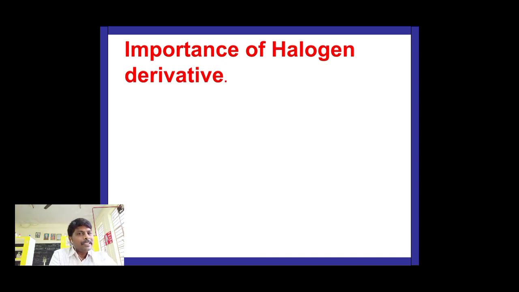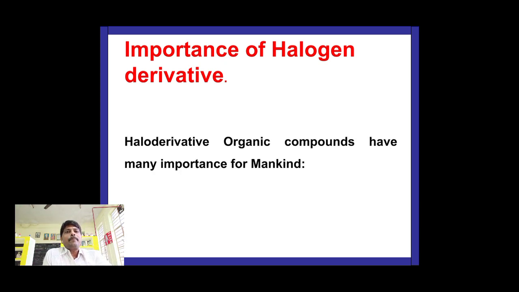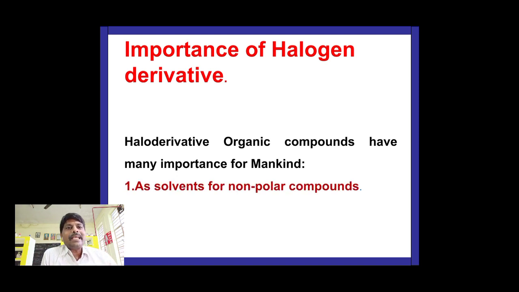Now the definition is over. Now we will go to the next topic, importance. What is the importance of these halogen derivatives? These are very, very important. Halo derivatives of organic compounds have many uses for mankind. For example, one is as a solvent for non-polar compounds.